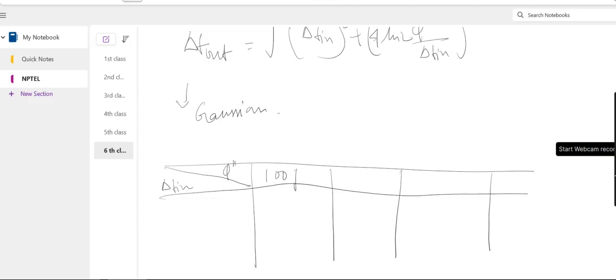So this is 100 femtosecond square, this is 200 femtosecond square. Okay, so if delta t in is 5 femtosecond and phi dash dash is 100 femtosecond square, then 5 femtosecond becomes 55.7 femtosecond. And if phi dash dash is 200 femtosecond square, that becomes 111.